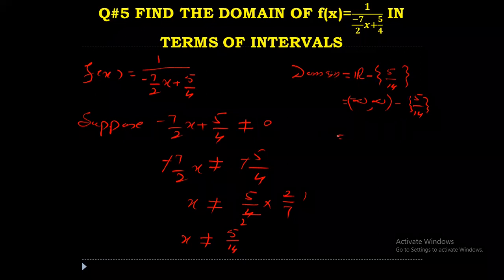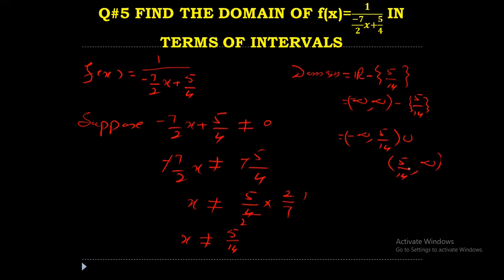We can also write minus infinity to 5 over 14 union 5 over 14 to infinity. Domain, right here.